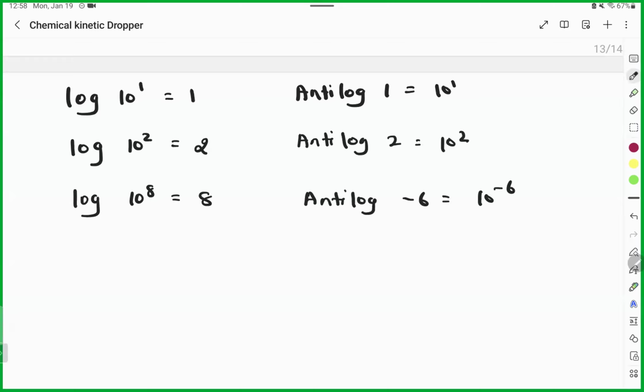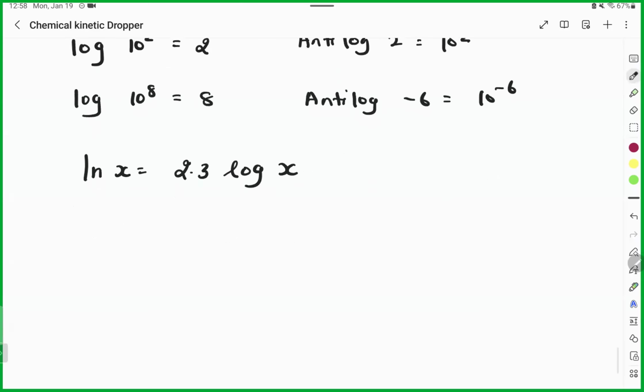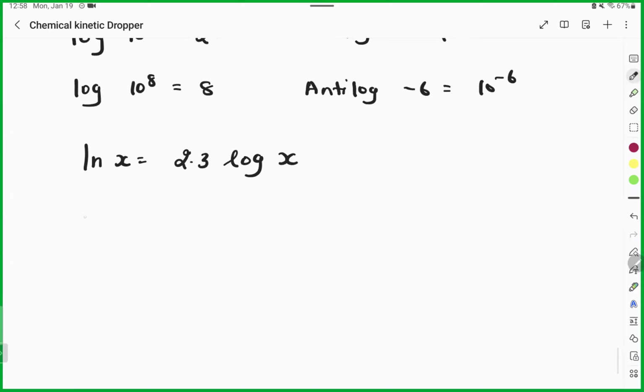Make sense? Some formulas: natural log x is equal to 2.3 log x. Then log a by b will be equal to log a minus log b.